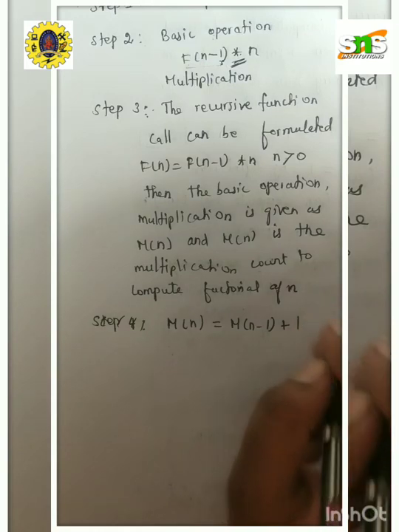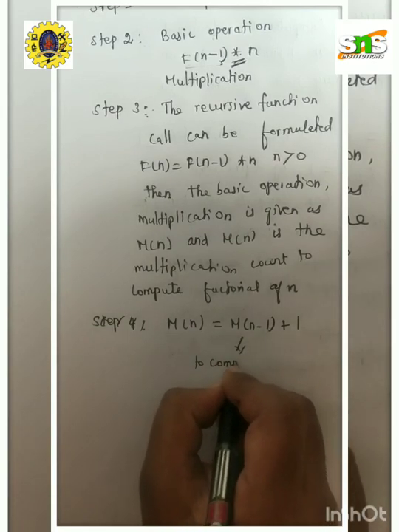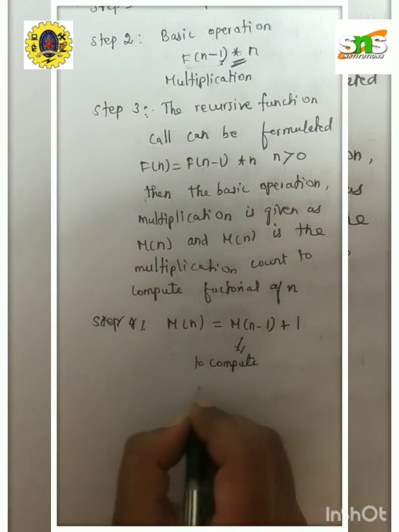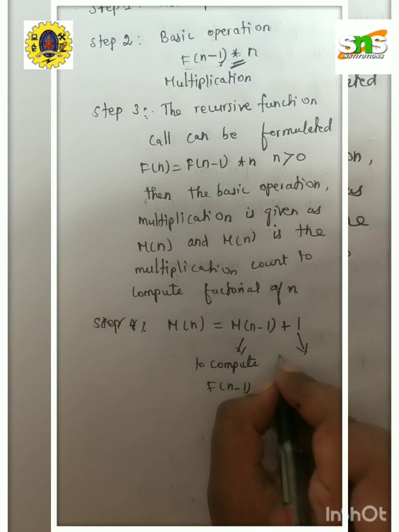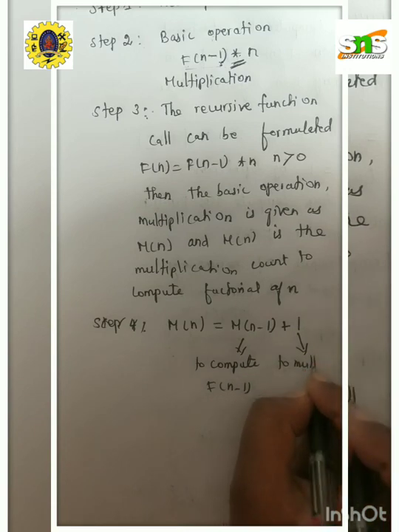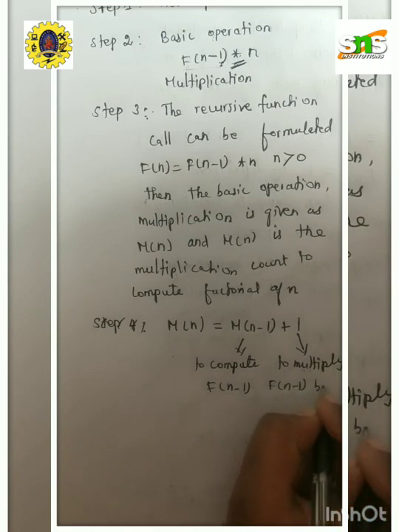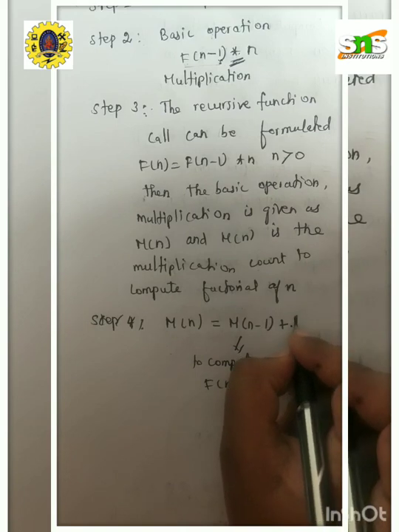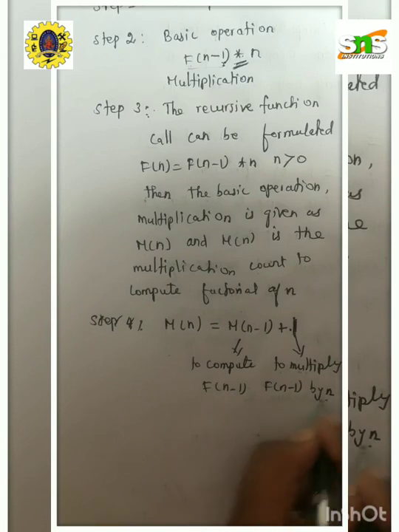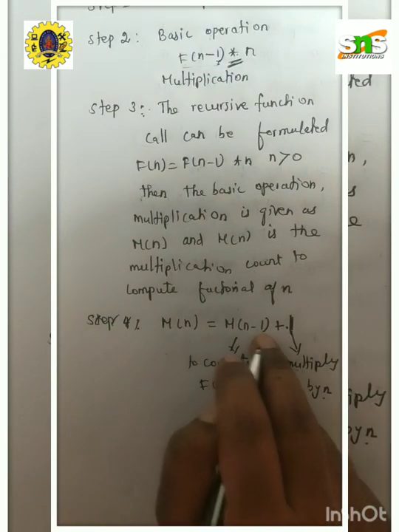This is to compute f of n minus 1. This is to multiply f of n minus 1 by n. So lastly we call this f of n minus 0 one time, and that one time you multiply n with f of n minus 1. That is m of n minus 1 plus 1.